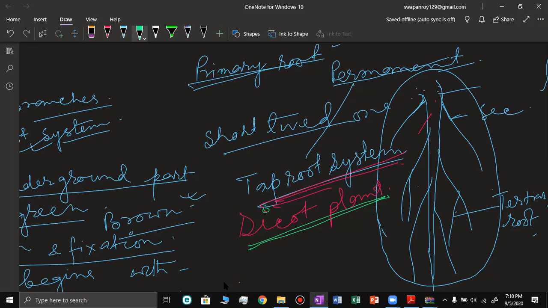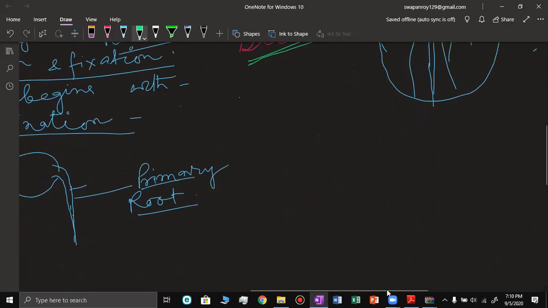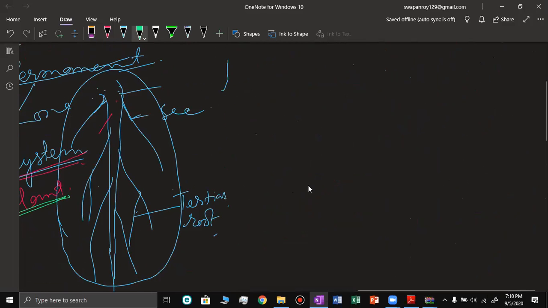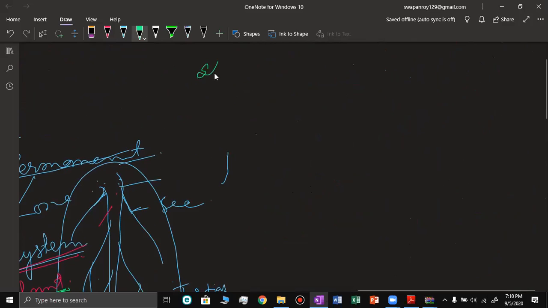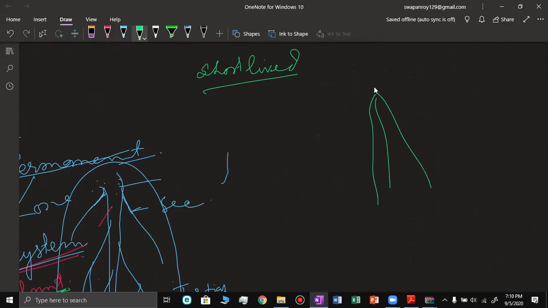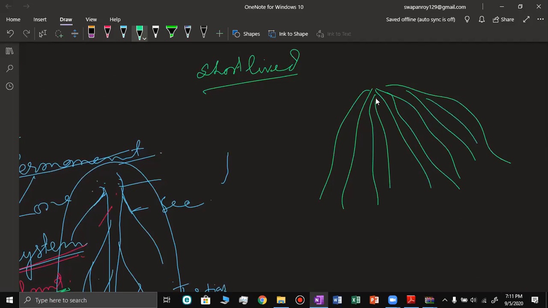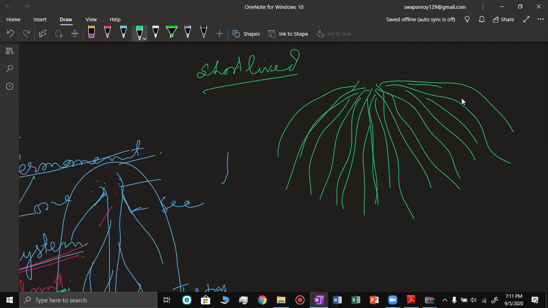But in case of monocot, another thing happens: the primary root is short-lived, and in its place a bunch of very thin roots comes out, like what you have seen in onion. Sometimes you have seen that the onion starts germinating and gives rise to many roots from the bottom.